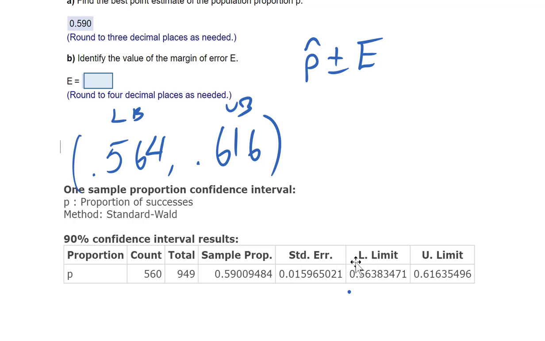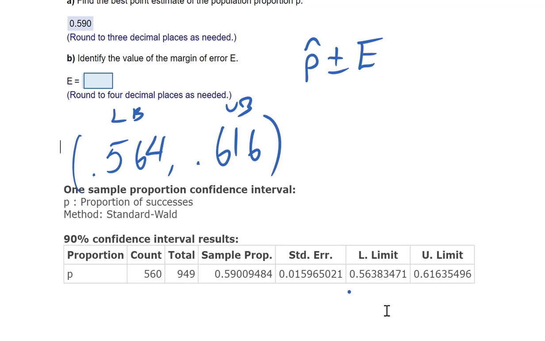I just checked the answer, and it wants it to 4 decimal places instead of 3. So on StatCrunch, rather than 0.564, I need to take it out one more place. Same thing for the upper limit, 0.6164 instead of 0.616.